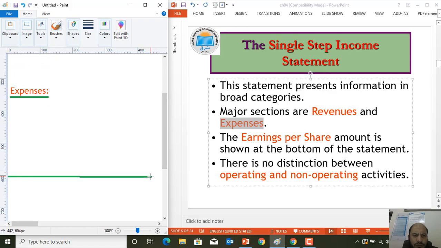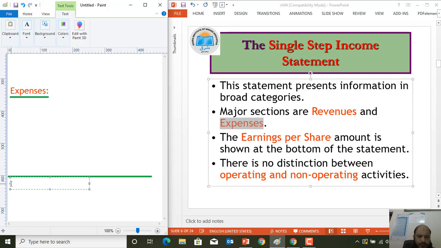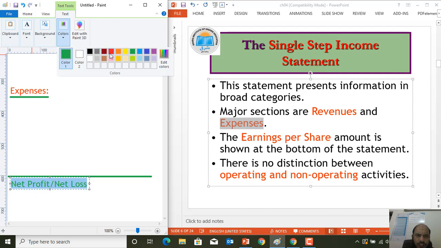We will close this with a line, and then at the end I will write down net profit, or in other words net loss.